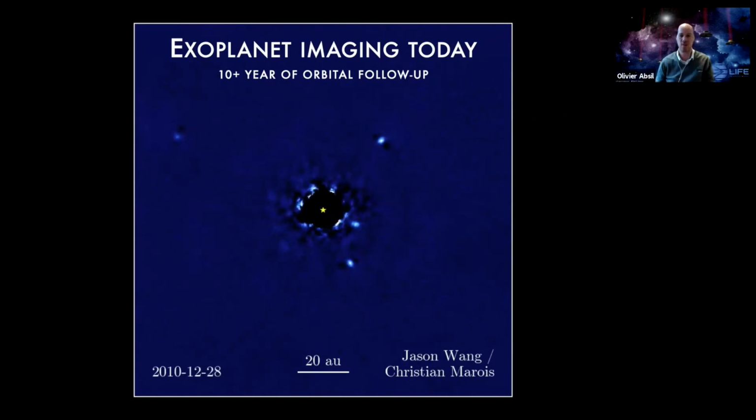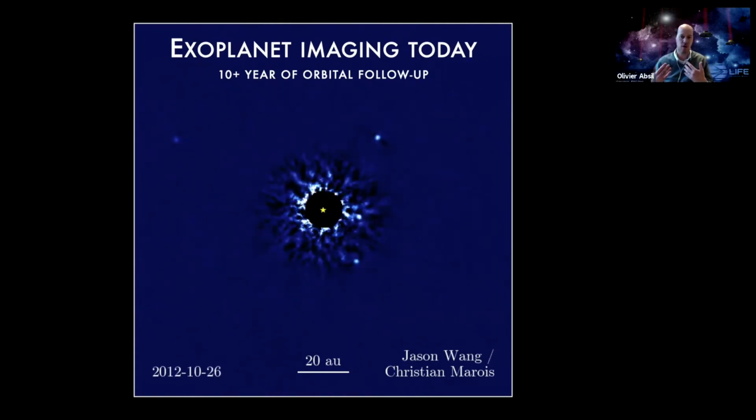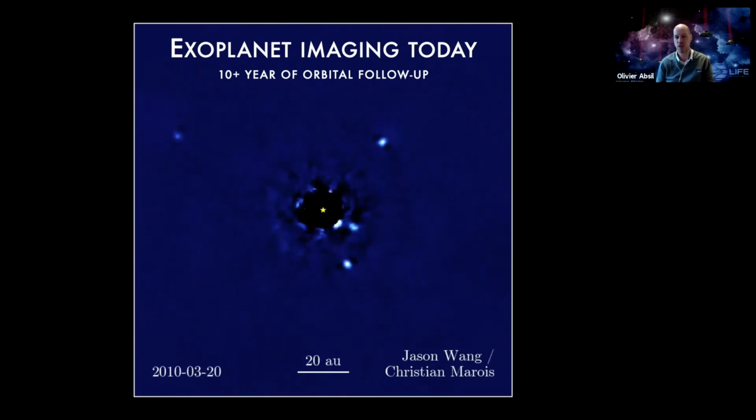So direct imaging allows us to follow the orbital motion of planets right now, which gives us access to things like the architecture of planetary systems, and also informs us about their formation and other things.